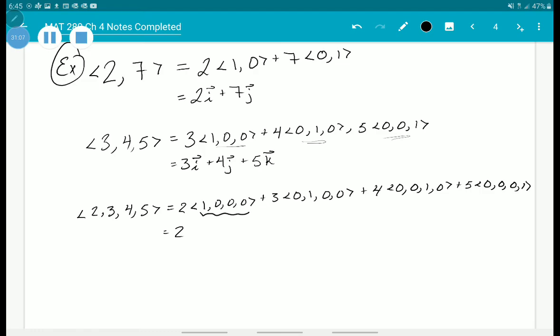So we could call this e1. We could call this e2. That's the typical notation that you see for higher dimensions. e3. And then e4. And so on.